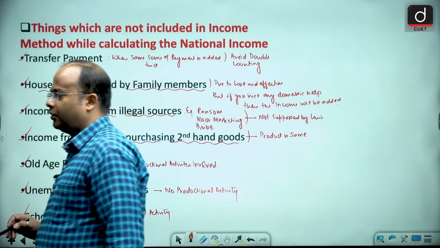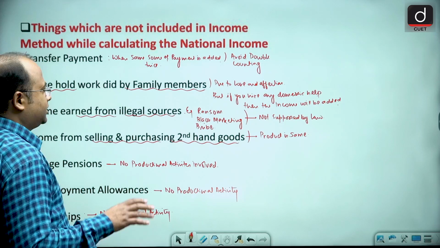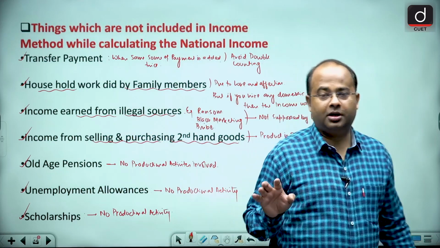Is that clear to all of you? So I hope, my dear learners, that is clear: the things which are not being calculated for the national income of the country.